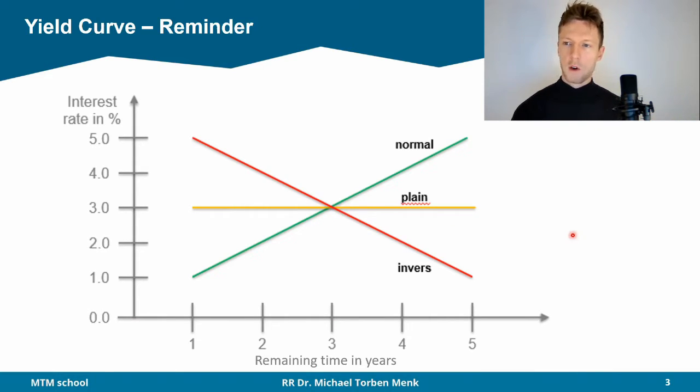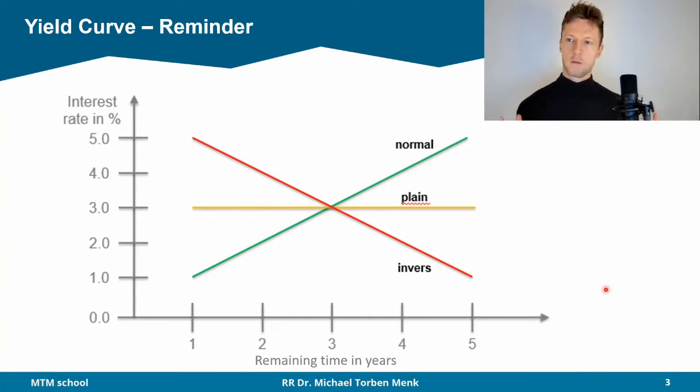Why am I pointing so much at this problem? I'm pointing at it because the forward rate is the one that tells us how the actual interest rate will be in the coming years, derived from the actual yield curve that we can see now at the market.